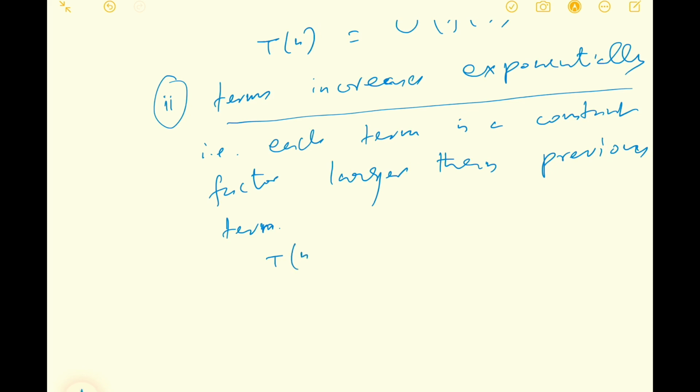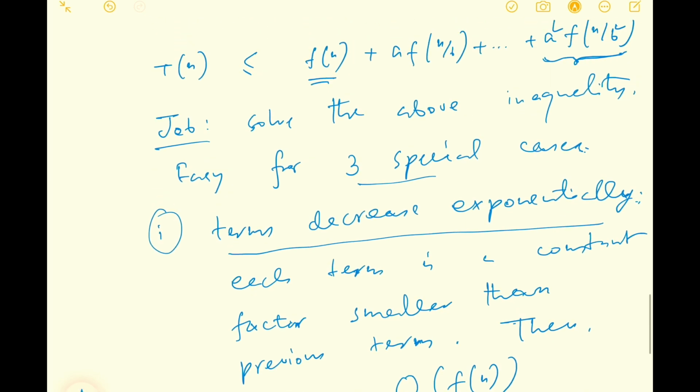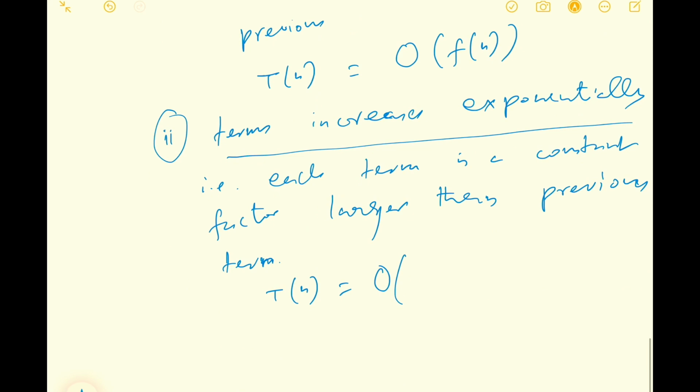Tn is equal to big O of a to the power L times f of n by b to the power L. Now what is f of n by b to the power L? Why did the recursion tree stop at this level, at level L? That stopped because n by b to the power L must be less than n naught.